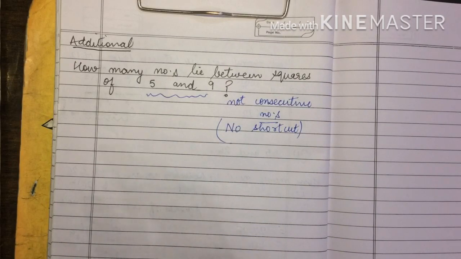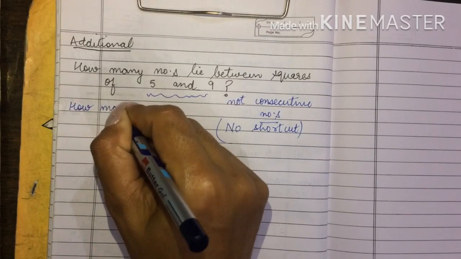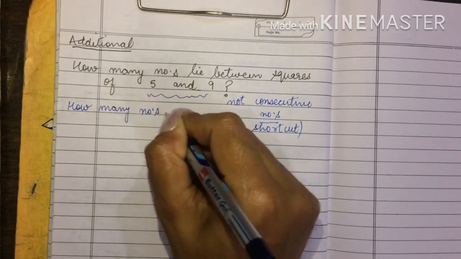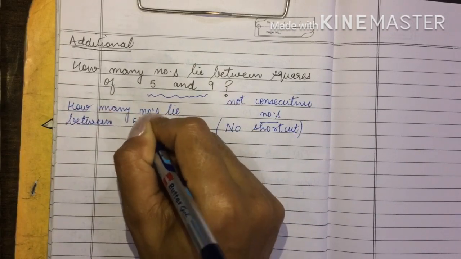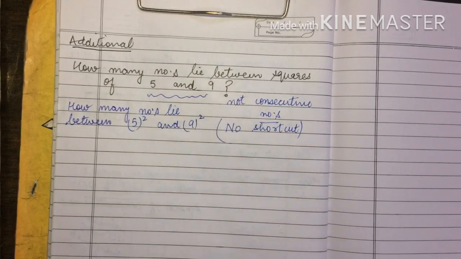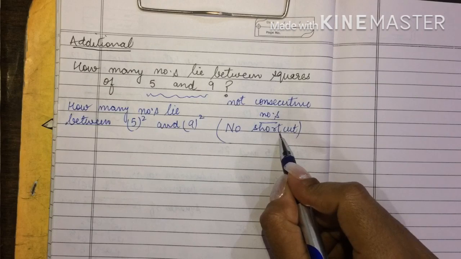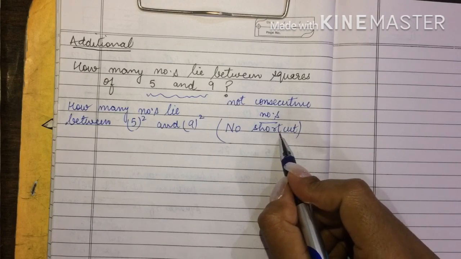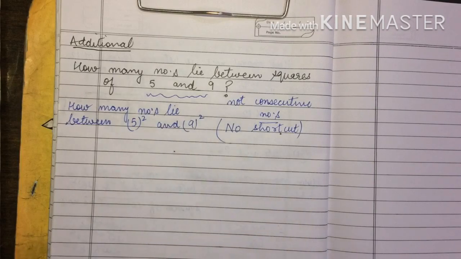And how are we going to do it? Let's see. We want to find out how many numbers lie between 5 square and 9 square. When we used the shortcut in the 9th question, we applied a formula, 2 multiplied by smaller number. We cannot do that here.